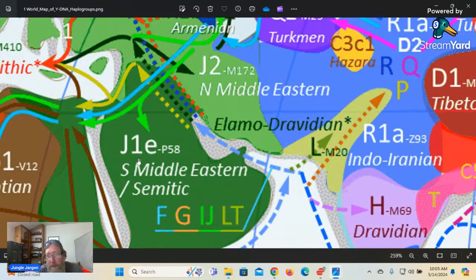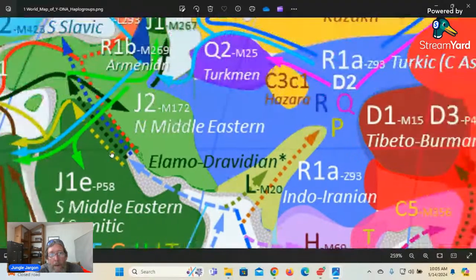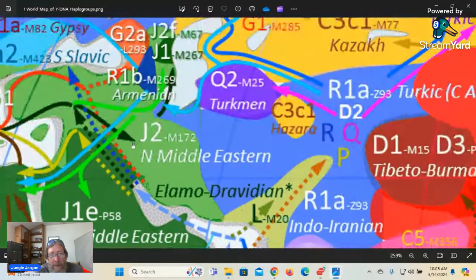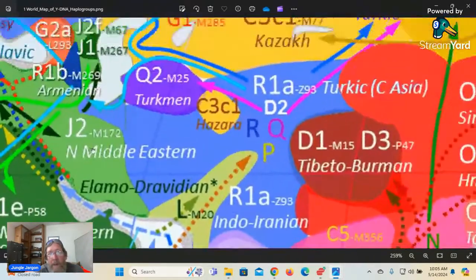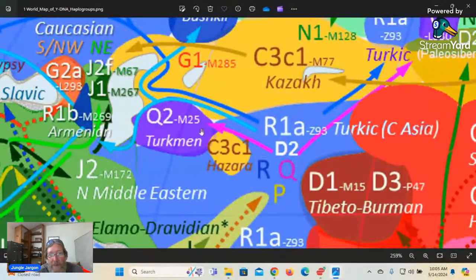There's other lineages of J1 which are either Arabic or Israelite or maybe something else. And even the J2 is split up in different lineages. One of them, the largest one, being M172, which I believe is the descendants of David and King Solomon, because it's the largest. Same way, the house of Nimrod is this C.